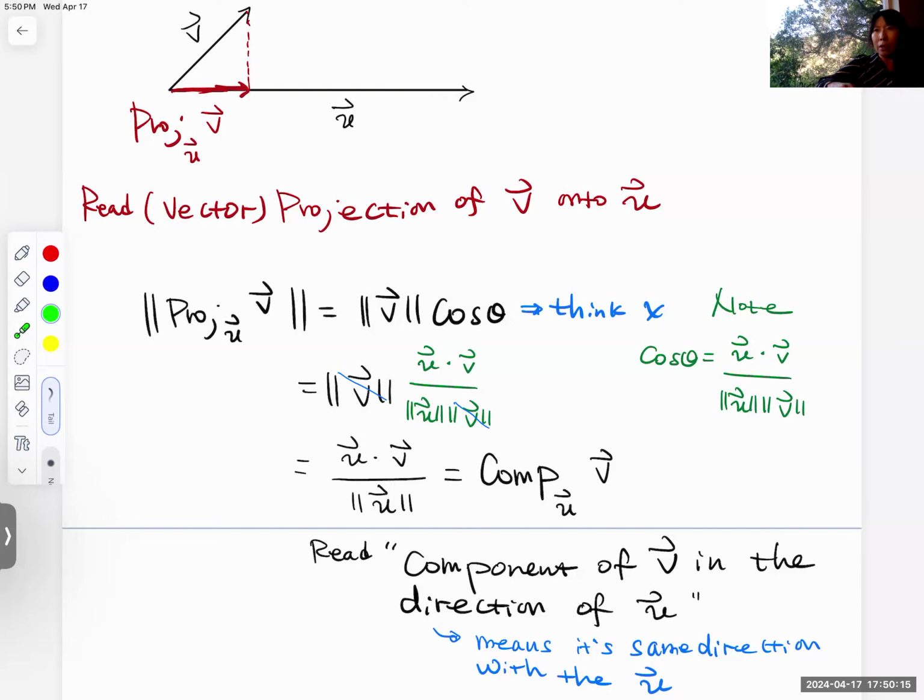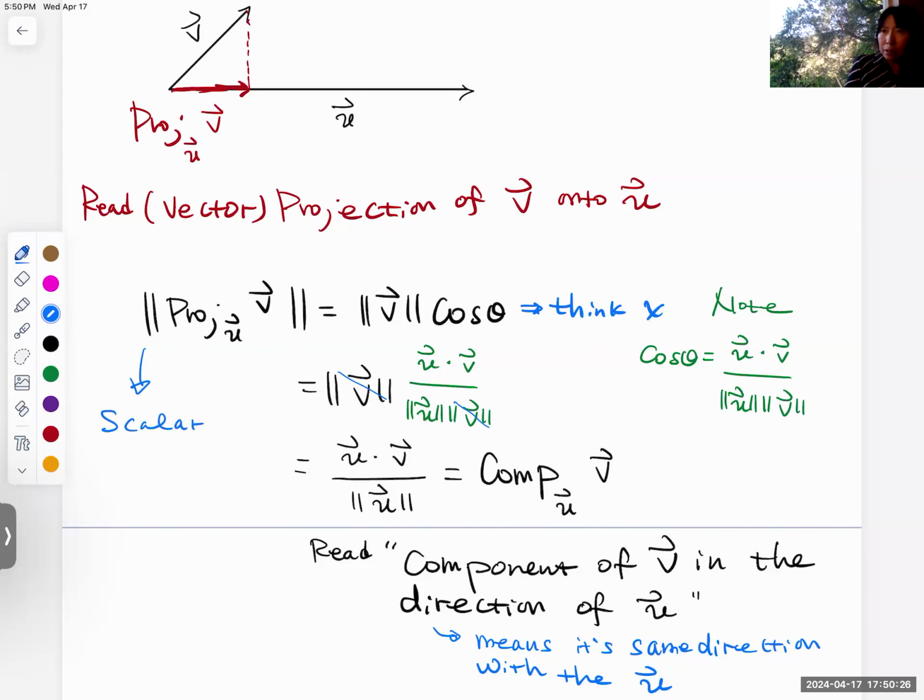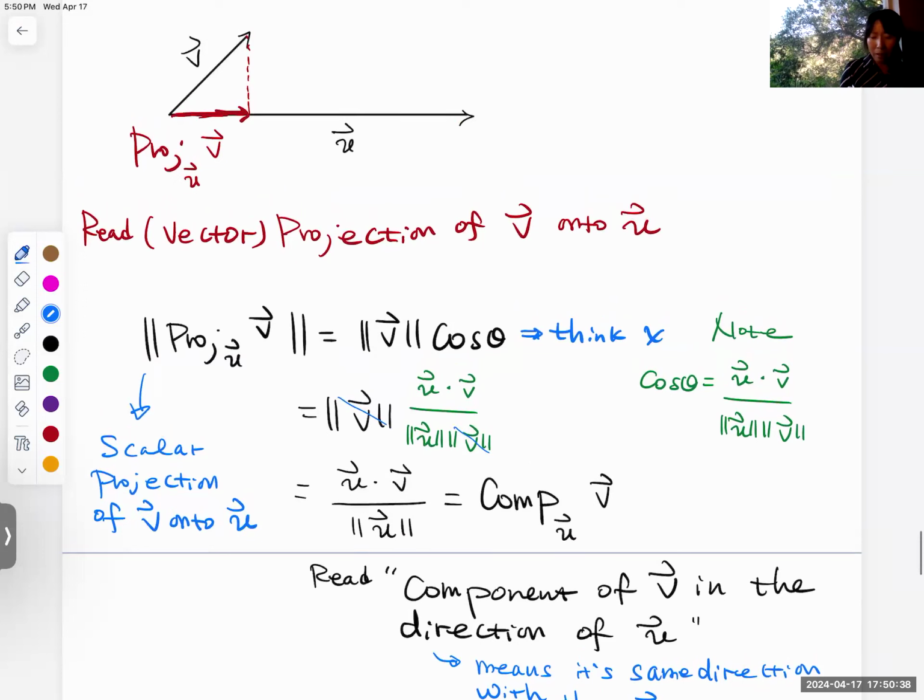Now this one has a different name. This one has a name: scalar projection of v onto u.